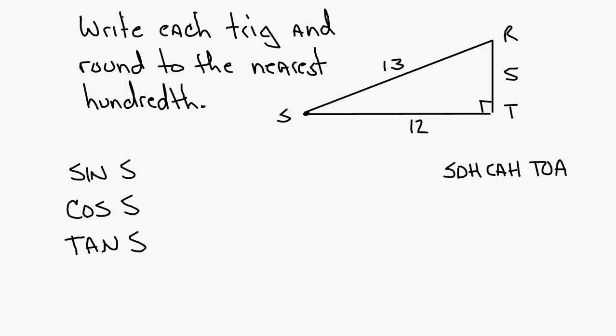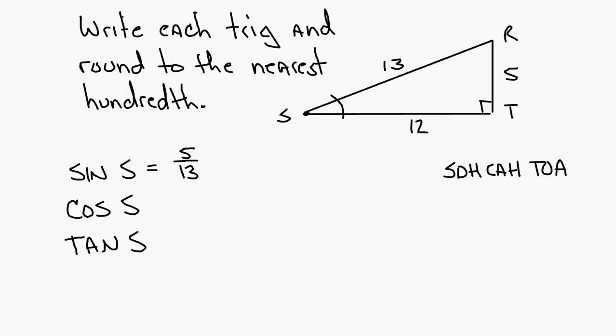So here's what all this means: the sine of angle S is equal to opposite over hypotenuse. In regard to angle S, the side that is opposite that angle is 5, and the hypotenuse of that triangle is 13.